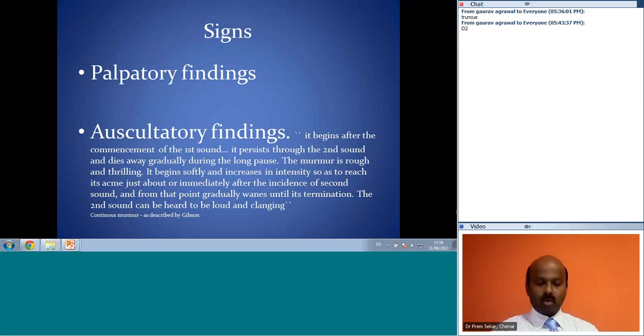And the third is a non-specific murmur, which is a soft ejection systolic murmur commonly in the pulmonary area, which cannot be directly attributed to a PDA. It's usually seen in patients who have extremely small patent ductus arteriosus or very large ones.